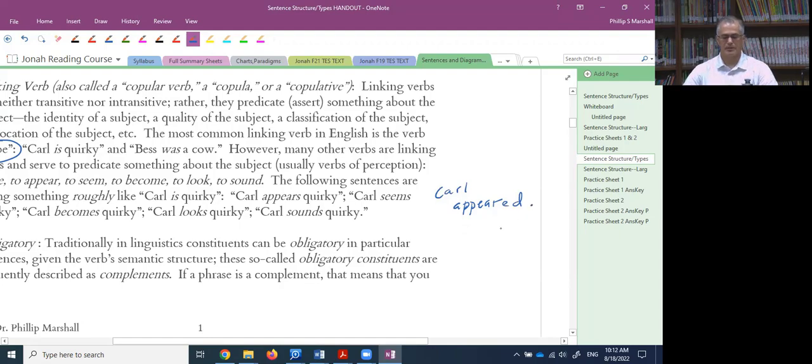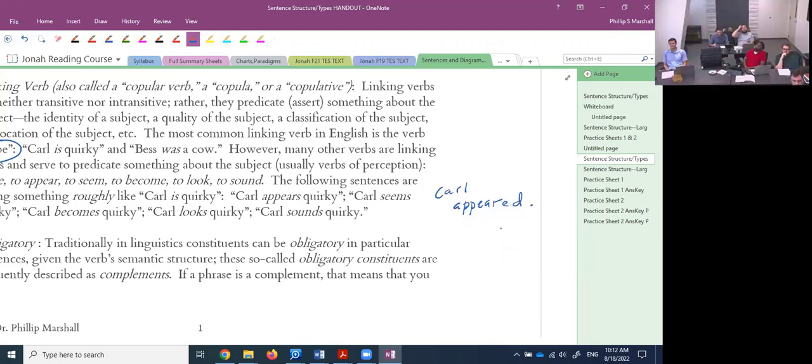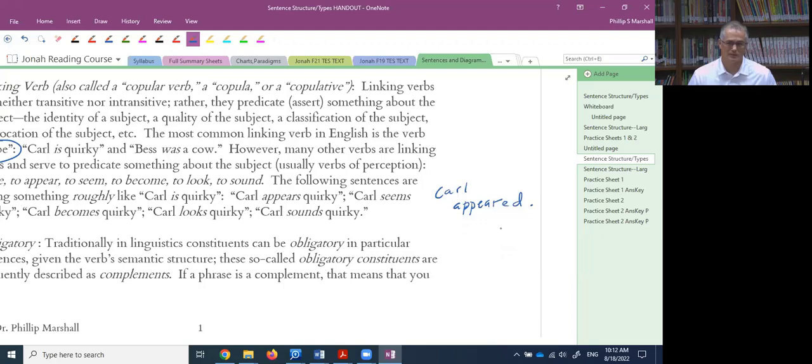All right, what does that mean? That means Carl showed up, right? Is the verb appeared in this example serving as a linking verb? No. No, because I'm not giving you any quality of Carl related to what he's like, right? I'm just telling you what he did.